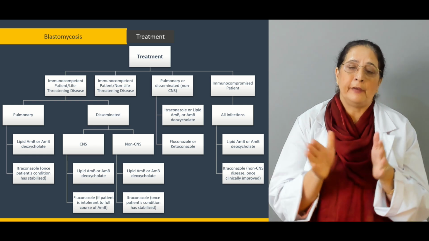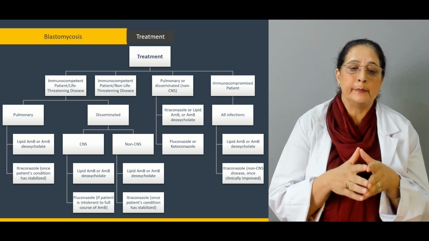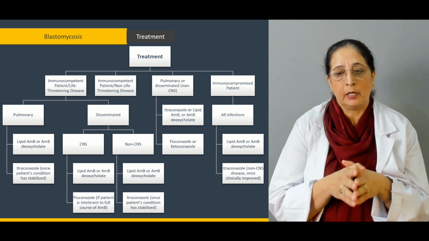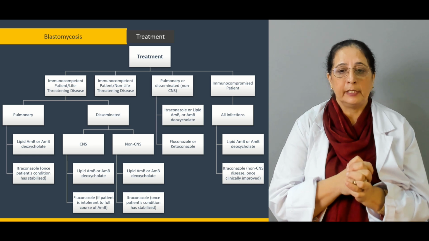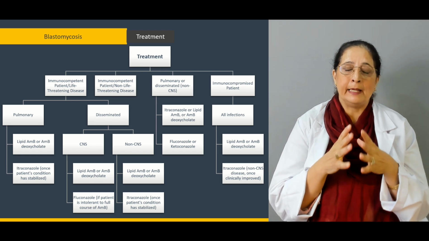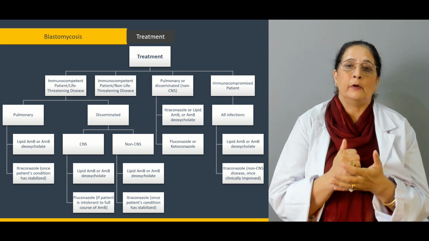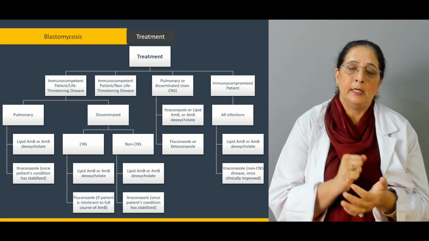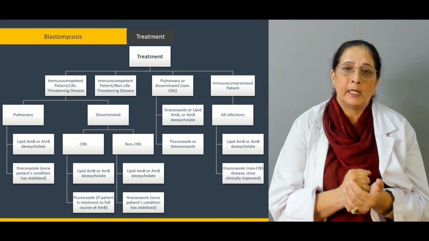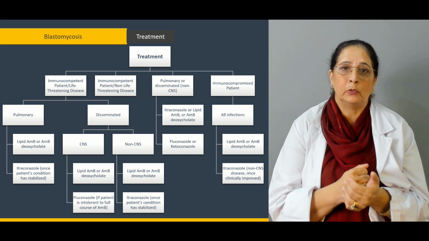So different infections, you see, the treatment is mainly amphotericin B or itraconazole, sometimes fluconazole or ketoconazole. So the main line of treatment or main therapy for this blastomycosis is amphotericin B, itraconazole, and in some cases fluconazole or ketoconazole.